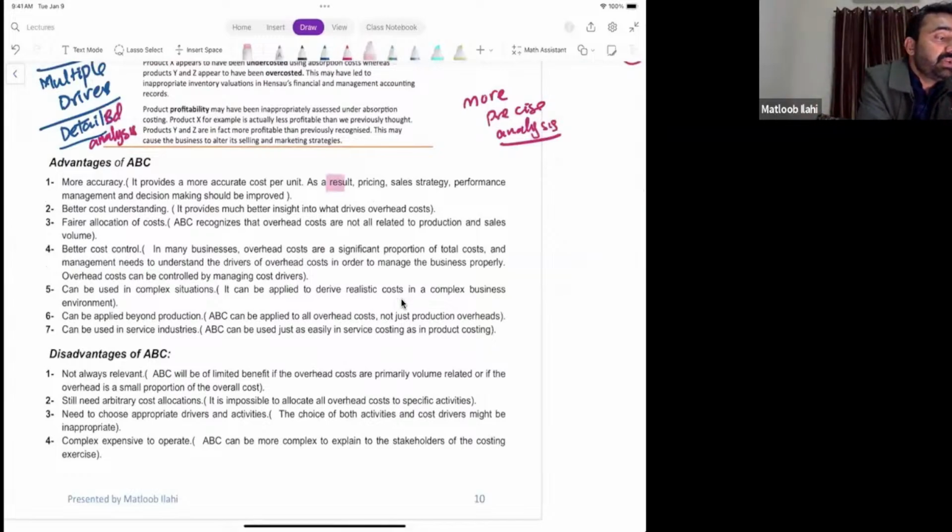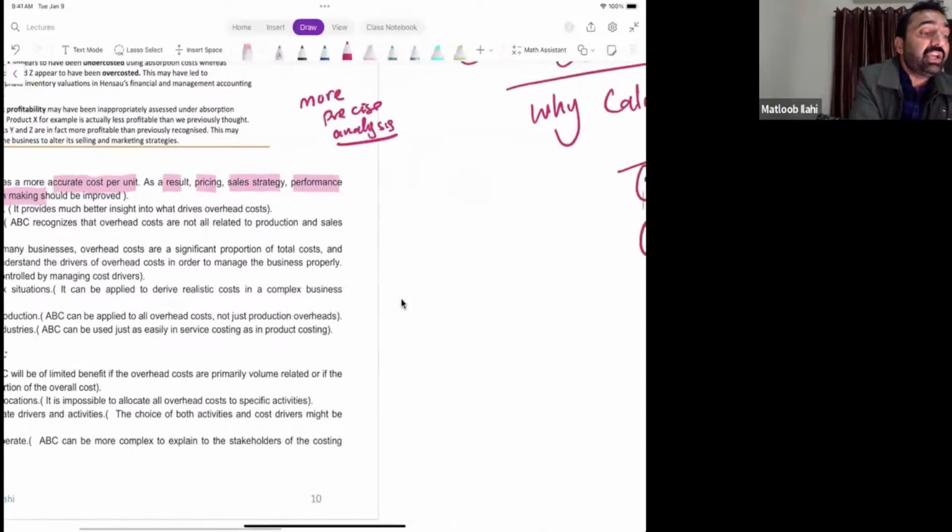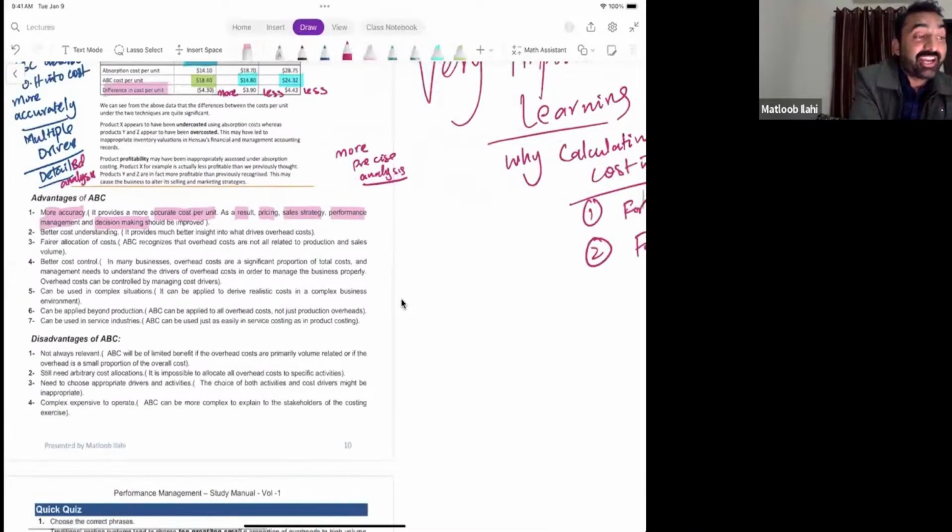So as a result, if the cost is accurate, cost per unit, pricing, sales strategy, performance management, and decision making will all be improved. Imagine decision making about what? Decision making about products.